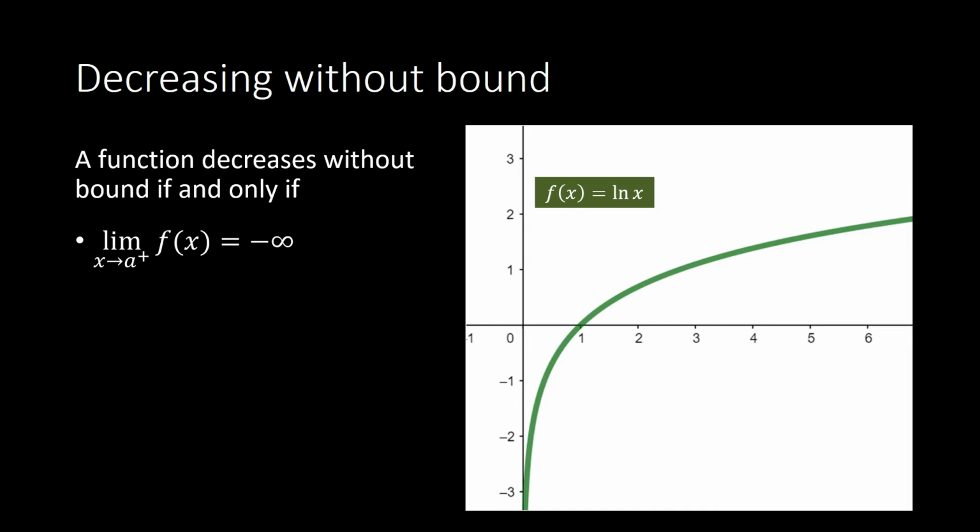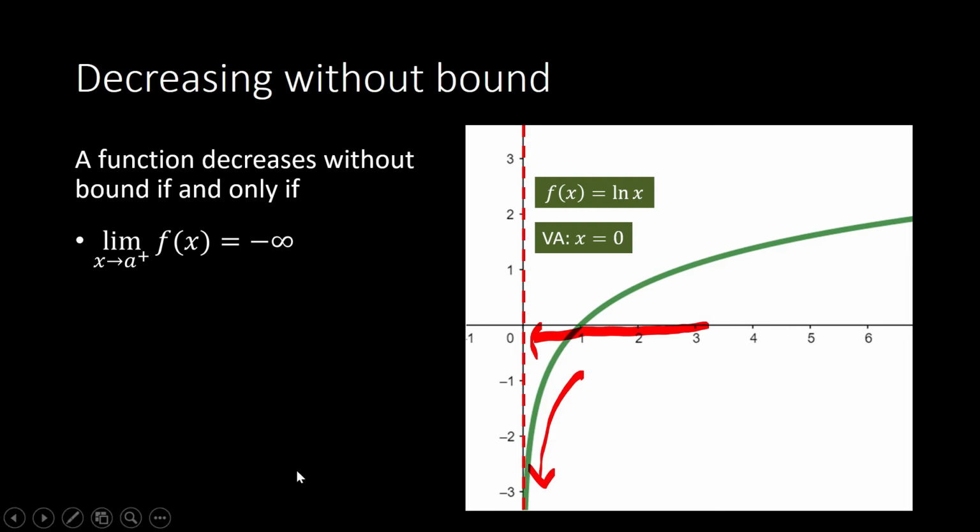But we can investigate the behavior of your function as x approaches 0 from the right. From the graph, the line x equal to 0 is a vertical asymptote. And in this case, as x approaches 0 from the right, your function goes to negative infinity. So when you have functions that behave this way, that function decreases without bound.